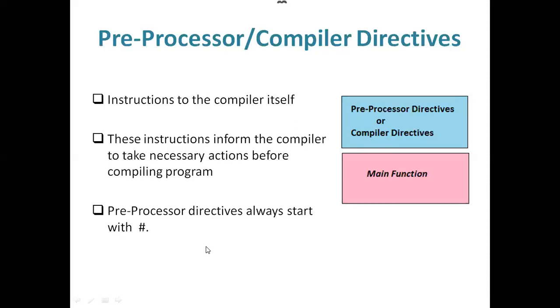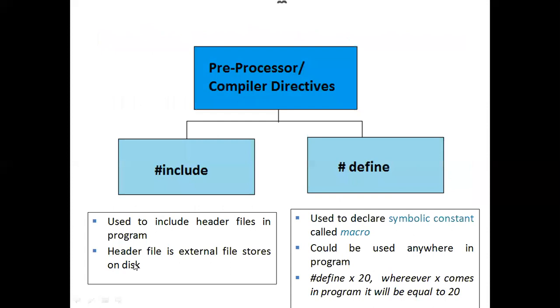The sign of a preprocessor directive is that it always starts with the hash symbol. There are many preprocessor directives, but we are discussing only two: hash include and hash define. The hash shows that it is a preprocessor directive, or compiler directive, meaning an instruction for the compiler.